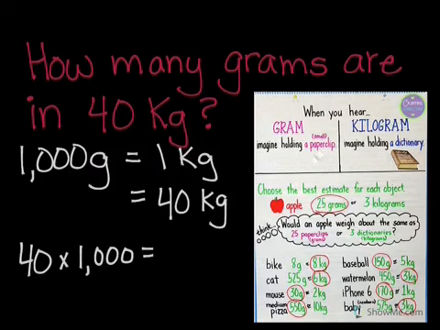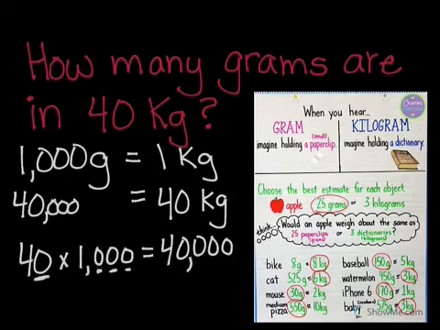Okay, I know 4 times 1 is 4, and then I have 1, 2, 3, 4 zeros. So I can use my zero trick that we learned earlier this year. And now I know that 40,000 grams are in 40 kilograms.